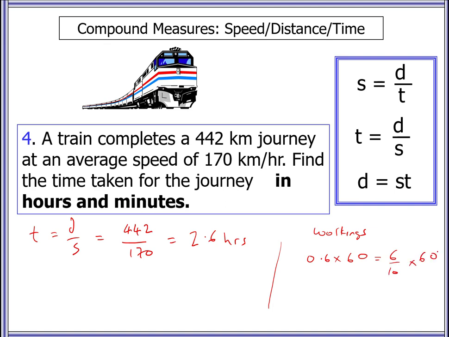Now we can cancel, zeros cancel. 6 times 6 is 36, so 36 minutes. So that's 2 hours and 36 minutes. Good. I wouldn't write this as an example. You've had one already on time, so no need for this one. We'll move on to question number 5.